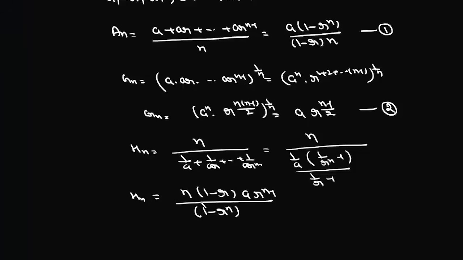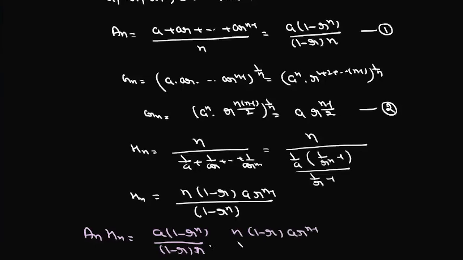Now, if we multiply An and Hn, we can write An into Hn will be a(1 minus r to the power n) upon (1 minus r) into n, and here will be n(1 minus r) a r to the power n minus 1 upon (1 minus r to the power n).